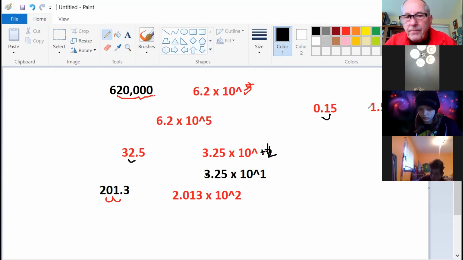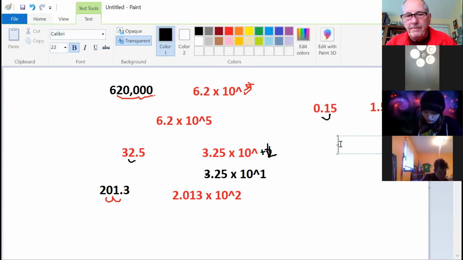When I do that, I have to take 10 to the minus 1 because I moved it 1 place to the right. All the others we moved to the left, which is why we had a positive exponent. These will be negative exponents. So the answer on this one will be 1.5 times 10 to the negative 1.